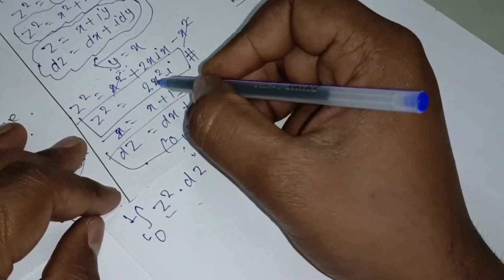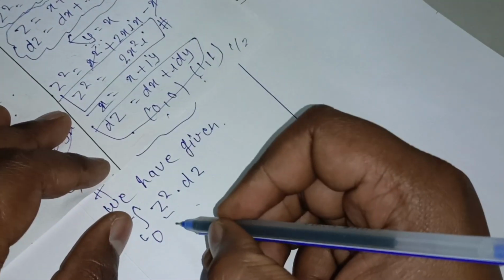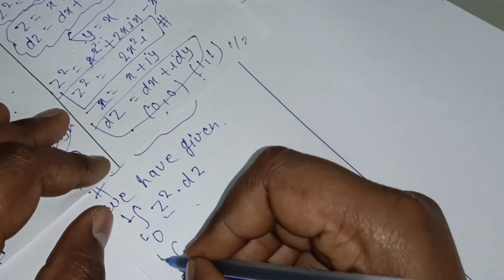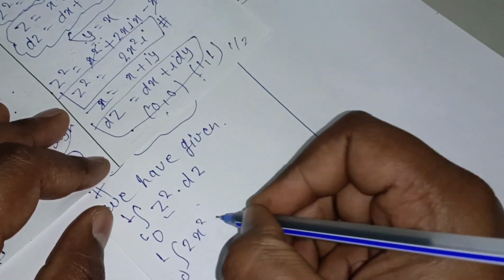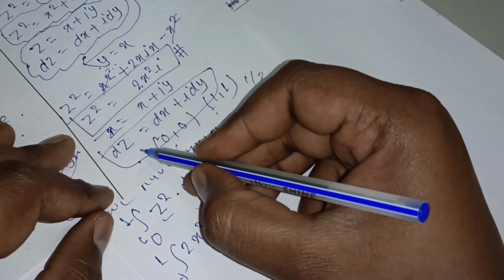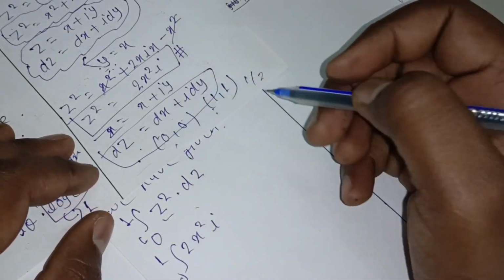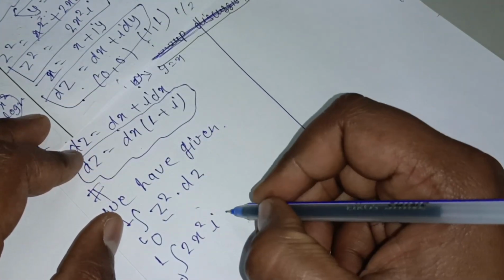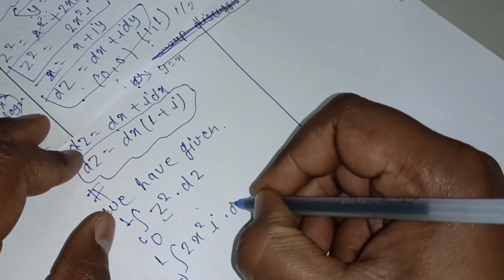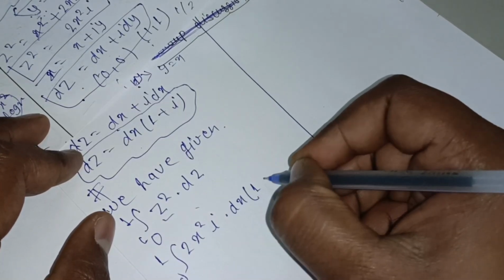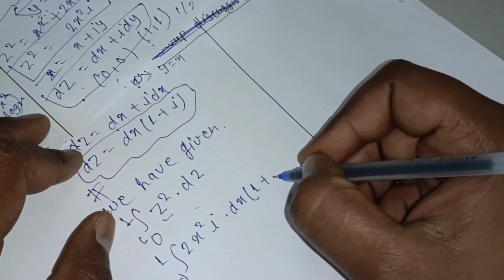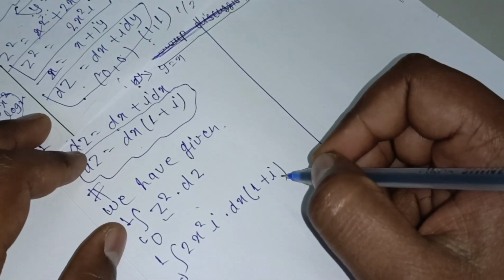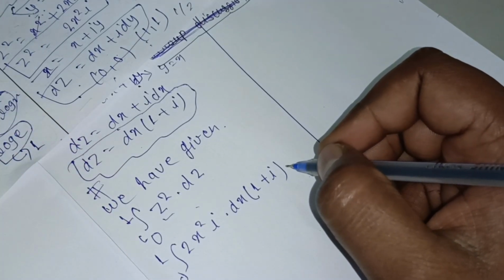So z square we can write as 2x square iota, from 0 to 1, and dz is dx times 1 plus iota.